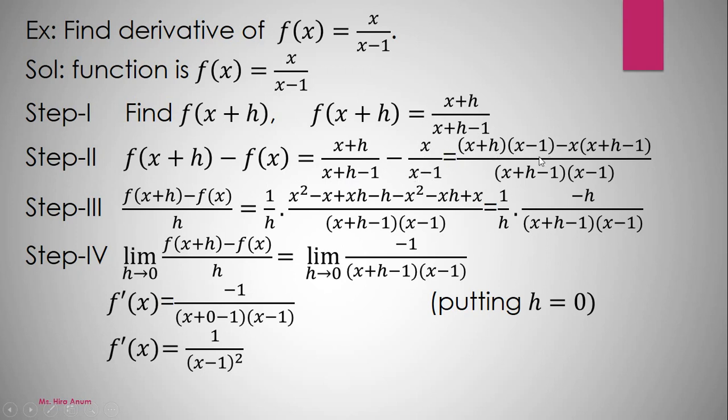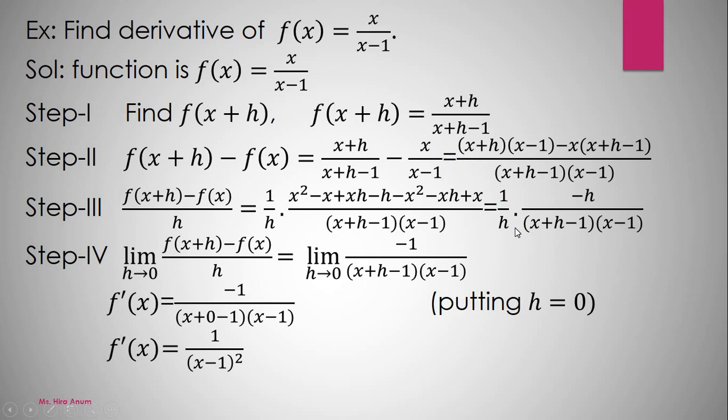When we multiply and solve it, it becomes x plus h times x minus 1 minus x times x plus h minus 1, over x plus h minus 1 times x minus 1. It is divided by h, that is, multiplied by 1 over h.